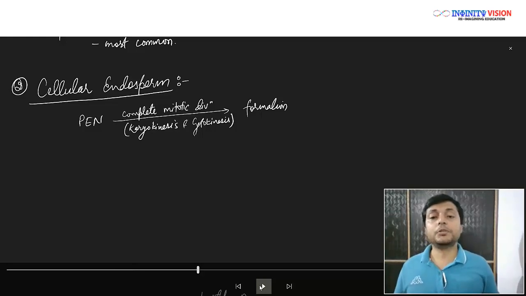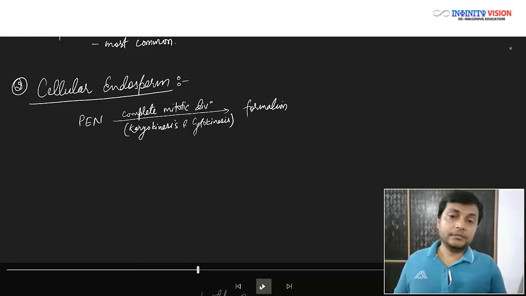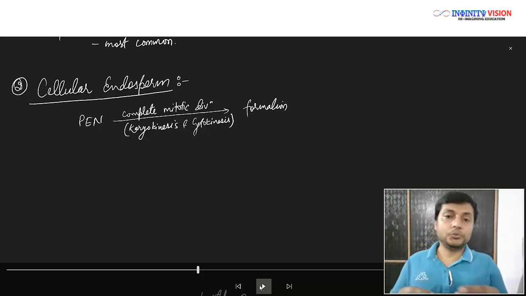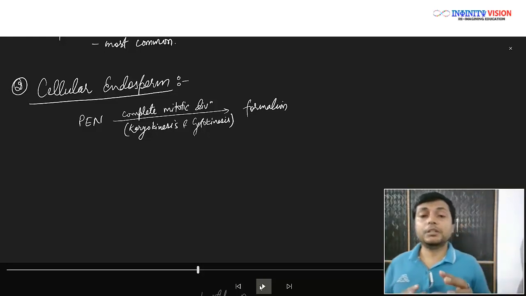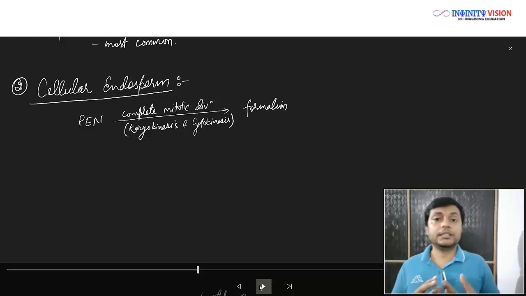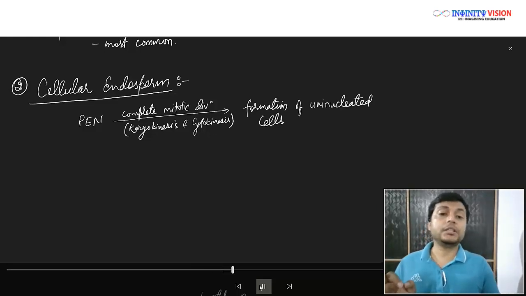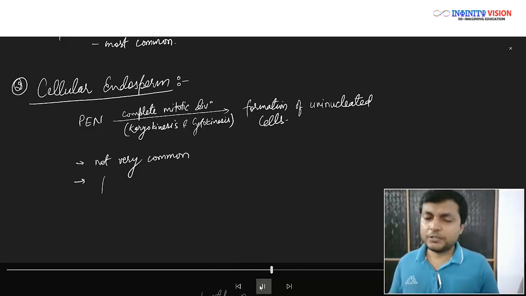In cellular endosperm, there is nuclear division, then again cytokinesis, that is cell division. So from one cell, two daughter cells will be formed, not only nuclei. As a result, the cellular endosperm is solid in state. So uninucleated cells of endosperm, or solid endosperm, are formed. It is not very common.